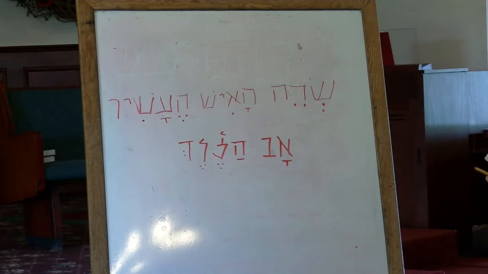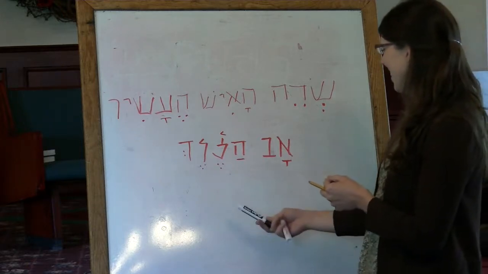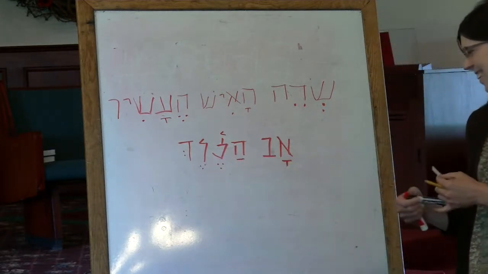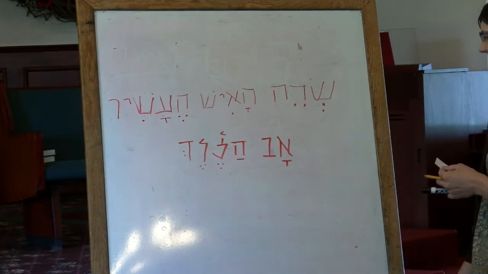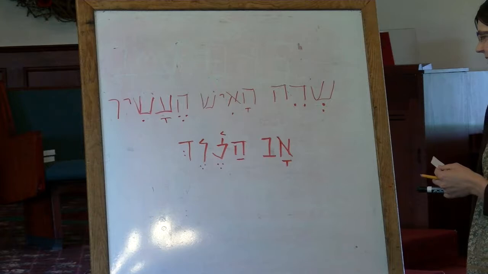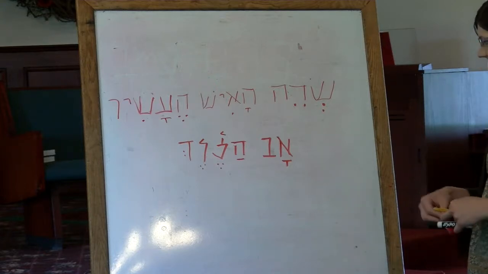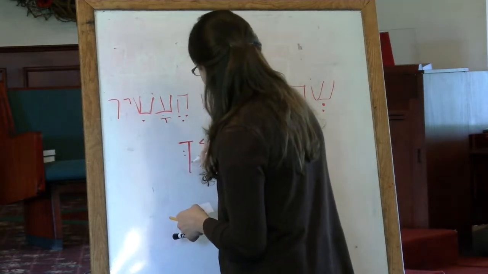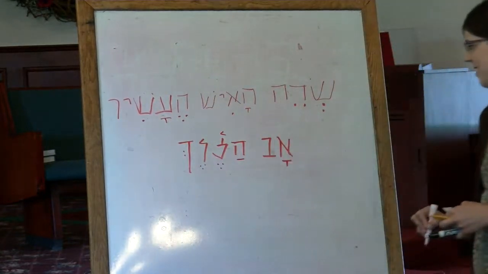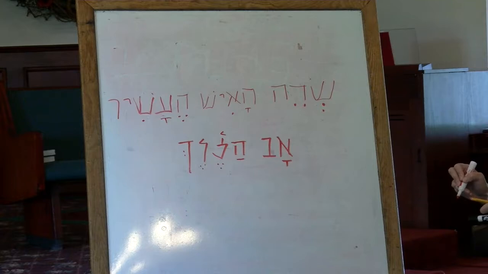Okay, so Av Hamelech, okay. I was like, he's going to pass out. Yeah, that's okay. All right, and then the last letter should go a little below the line too, because the final kaf goes down. So I draw the line longer on the final kaf. Good. All right, is that correct? Av Hamelech.